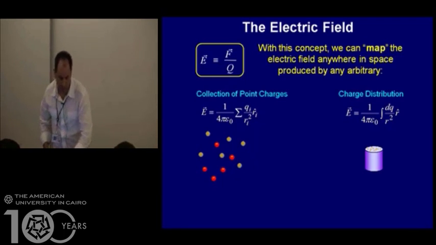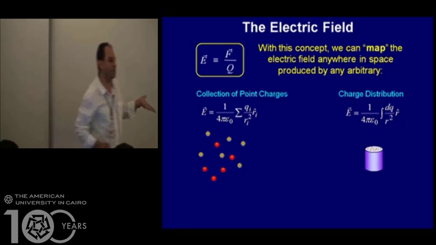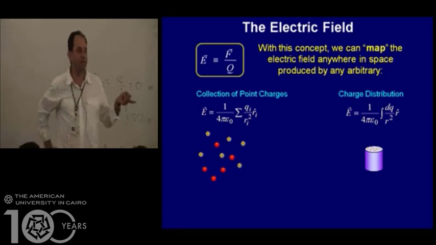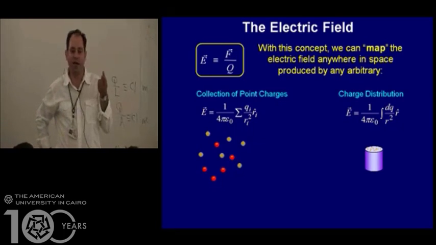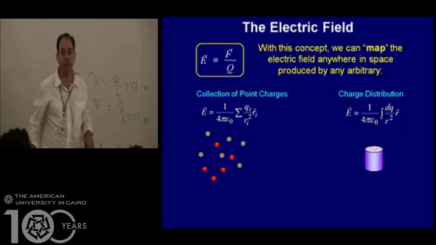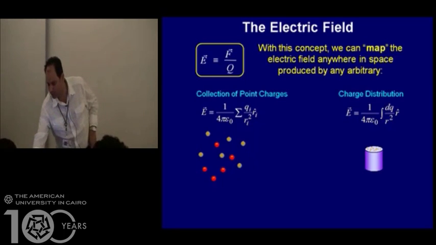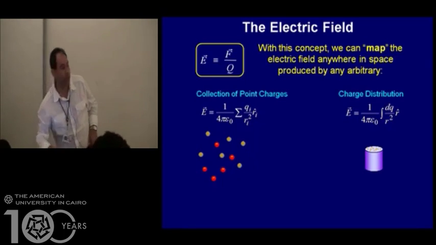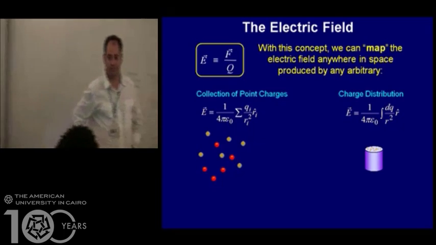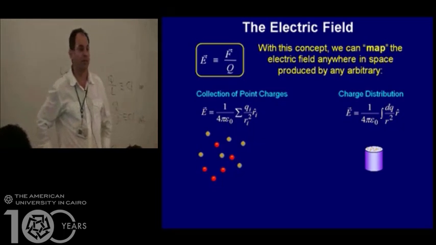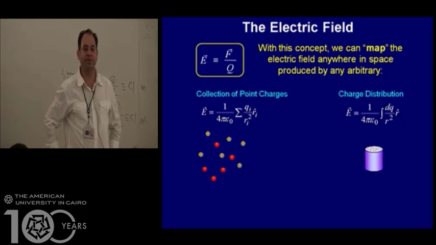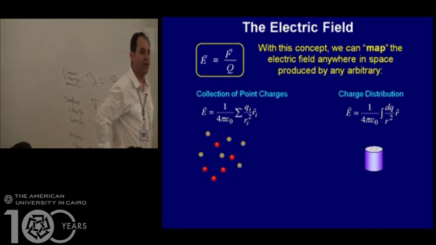But again, that integration is not that important. The important thing is how we can find the electric field from a continuous distribution of charges. The way to do it is we divide that charge into small parts, find the electric field from one of them, and look at the symmetry.